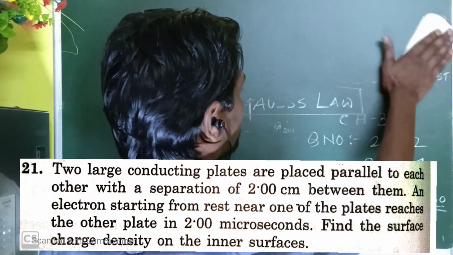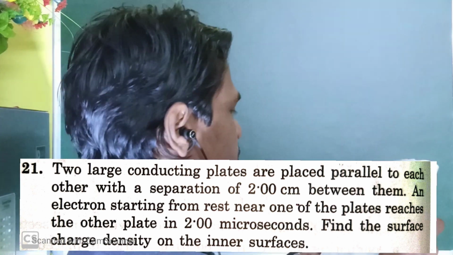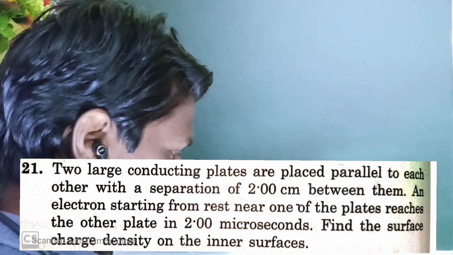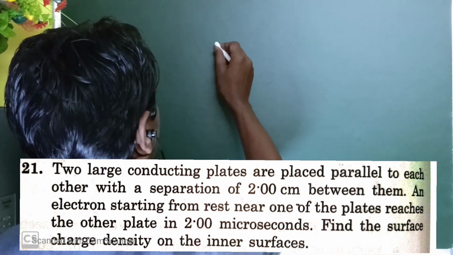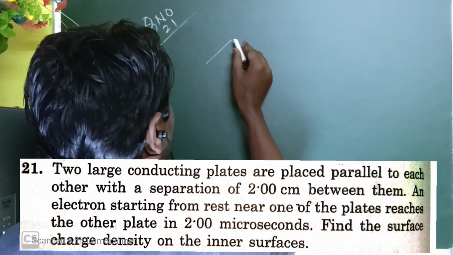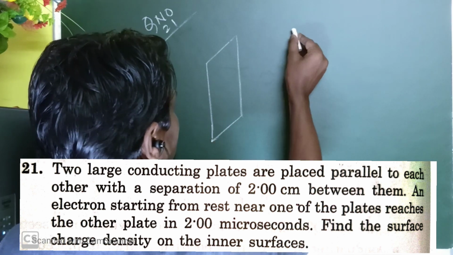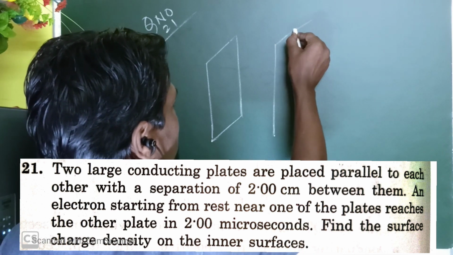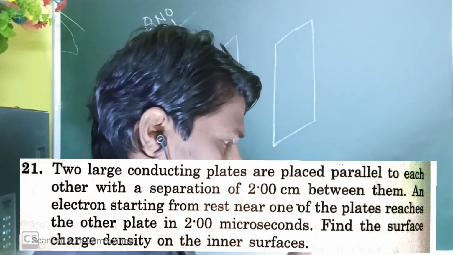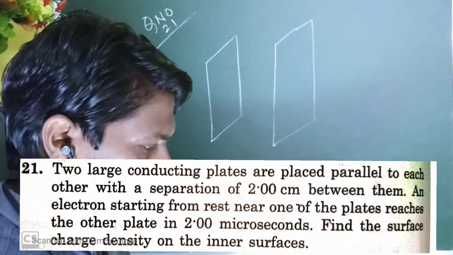So students, question number 21. Two large conducting plates are placed parallel to each other with a separation of 2.00 centimeter.